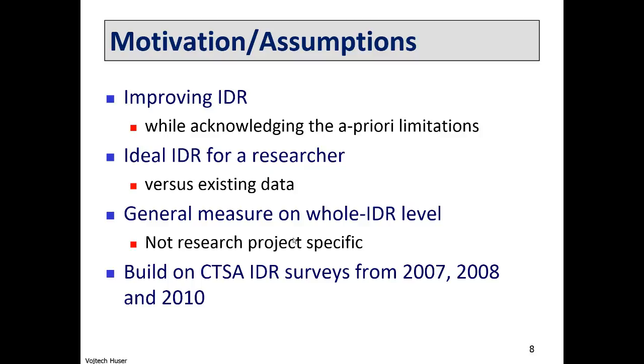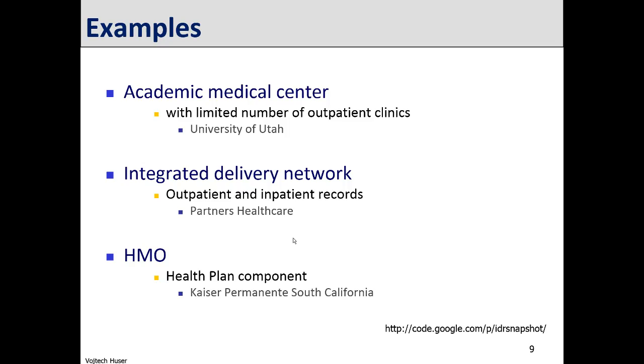And it built on some of the surveys of data repositories run by participating sites within the CTSA grant, those surveys done in those years. And one can be an academic medical center, as I mentioned, with this problem of limited number of outpatient clinics.